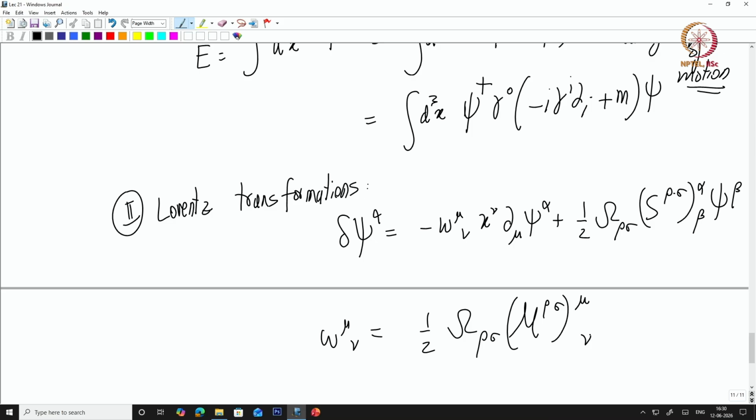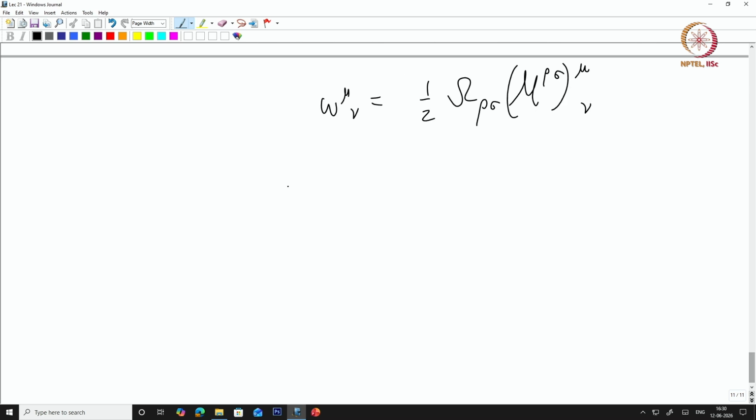This is what it is essentially, and the generators M rho sigma mu nu are given by eta rho mu delta sigma nu minus eta sigma mu delta rho nu.